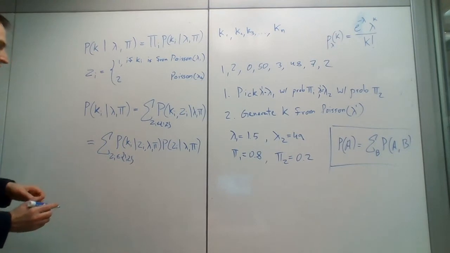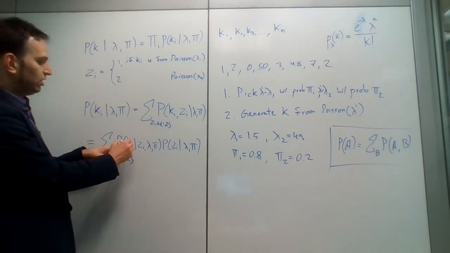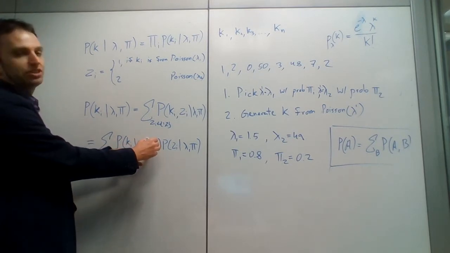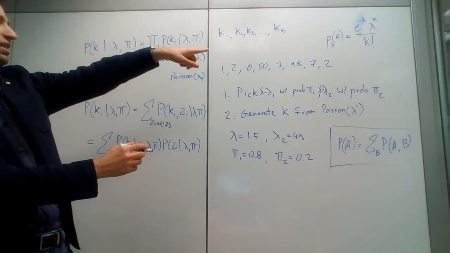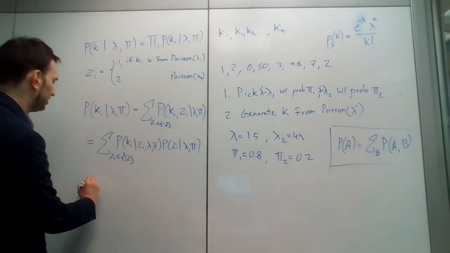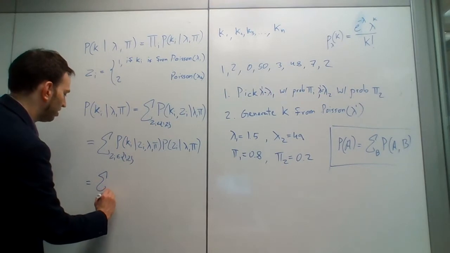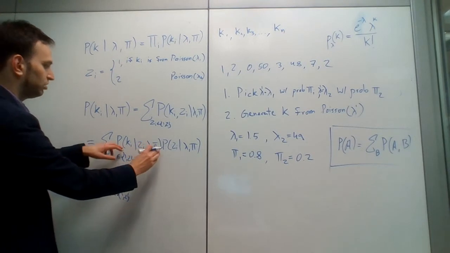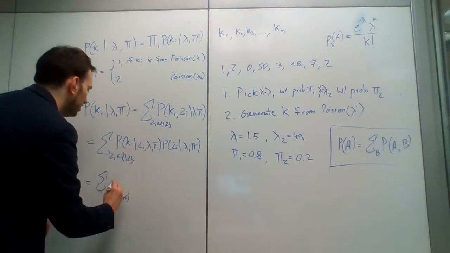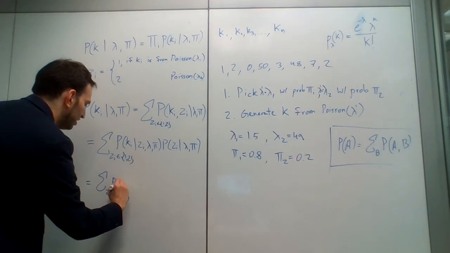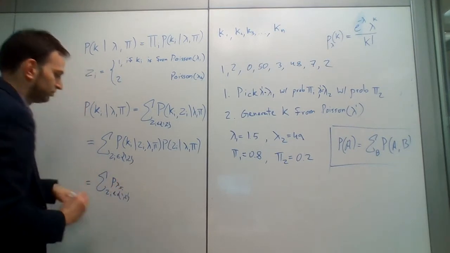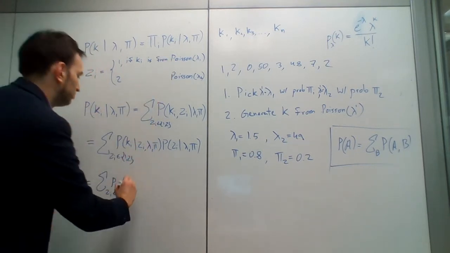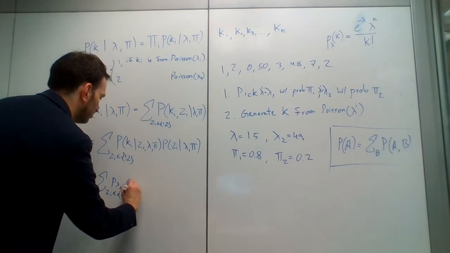Alright? Why did we do all that? Well, because now we have, what's the probability of observing ki if the assignment was zi and those are the parameters? That's easy. That's just the density, right? So let's write the first term. Again, we have this sum over the possible zi's. But here we'll say, okay, this is just the density, so this is just p lambda zi, which is going to be either lambda 1 or lambda 2 of ki.